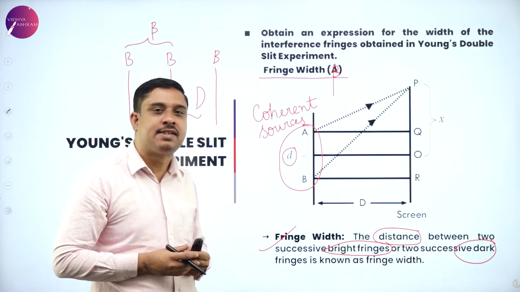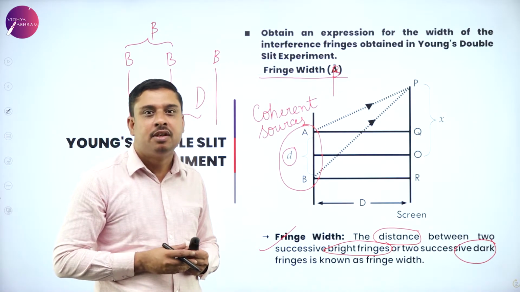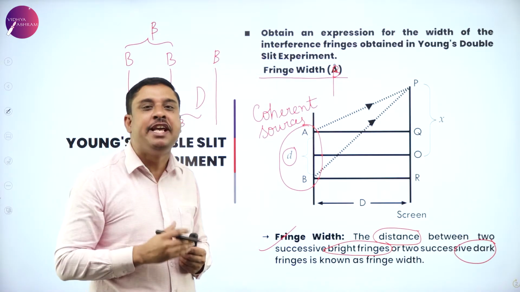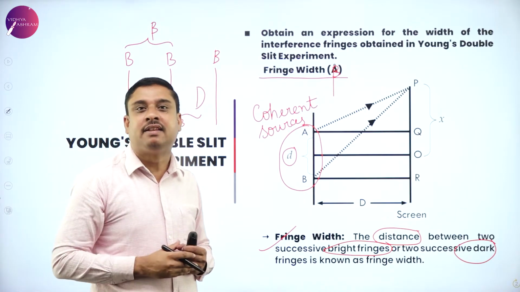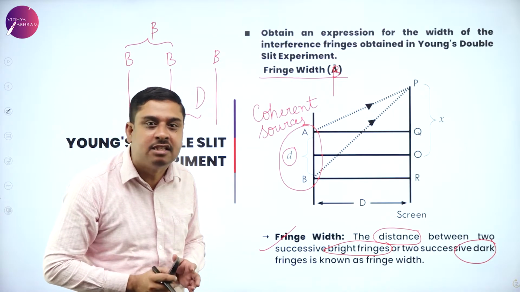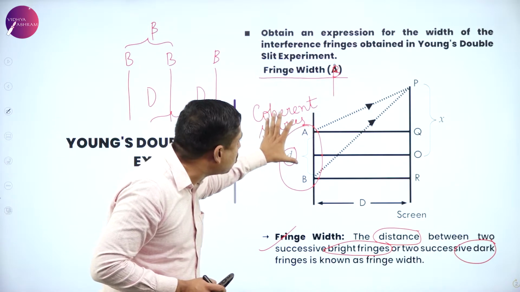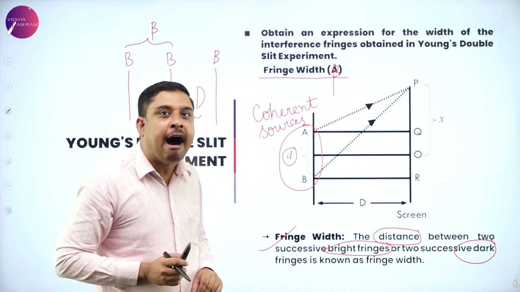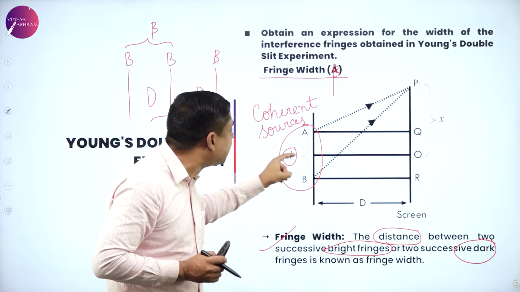Coherent sources emit light waves of the same frequency, same wavelength and constant phase difference.